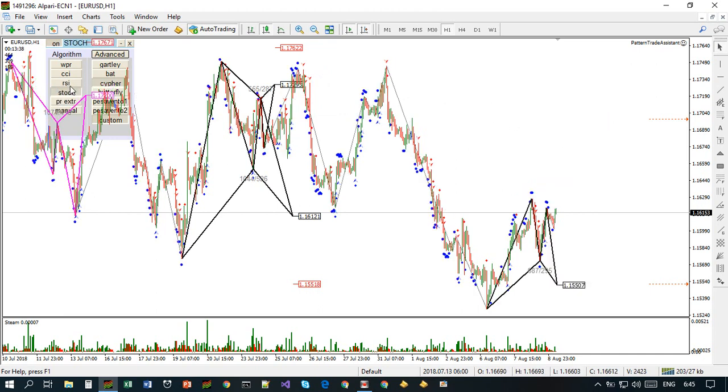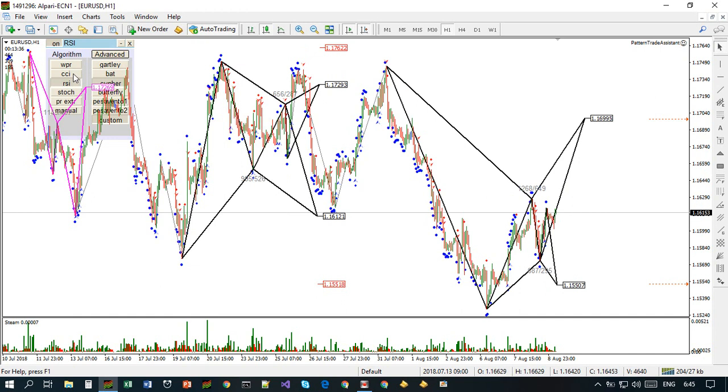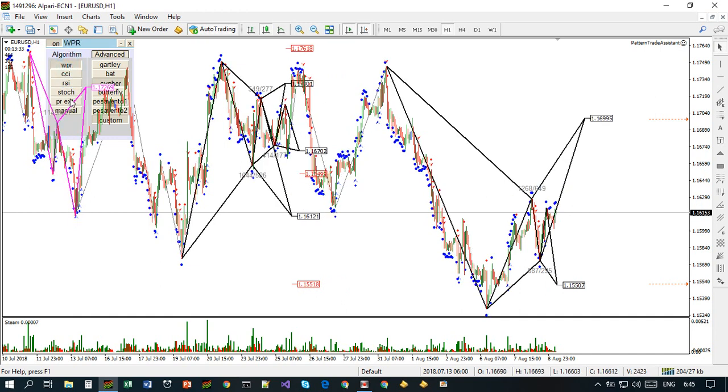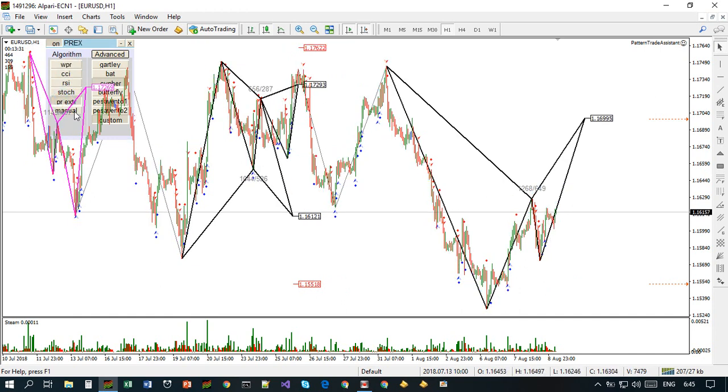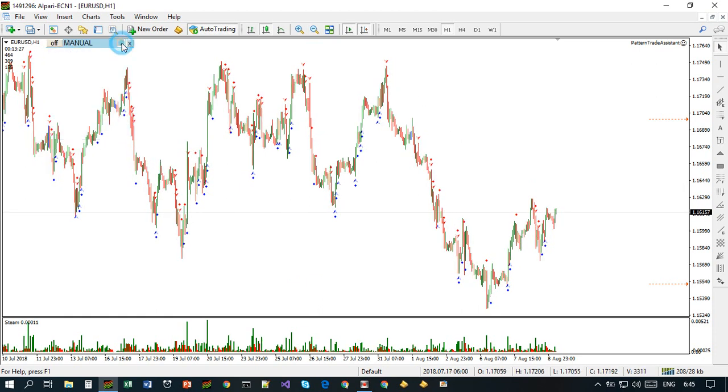And you can switch between the algorithms to see the market from different perspectives. If you're not a fan of using automatic pattern recognition, just click to this manual tab and do it manually. For example, press A on your keyboard, click this diagonal to draw this.